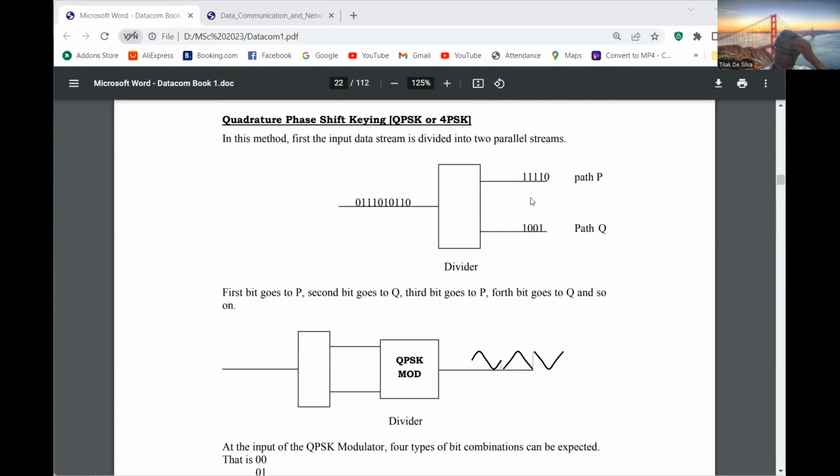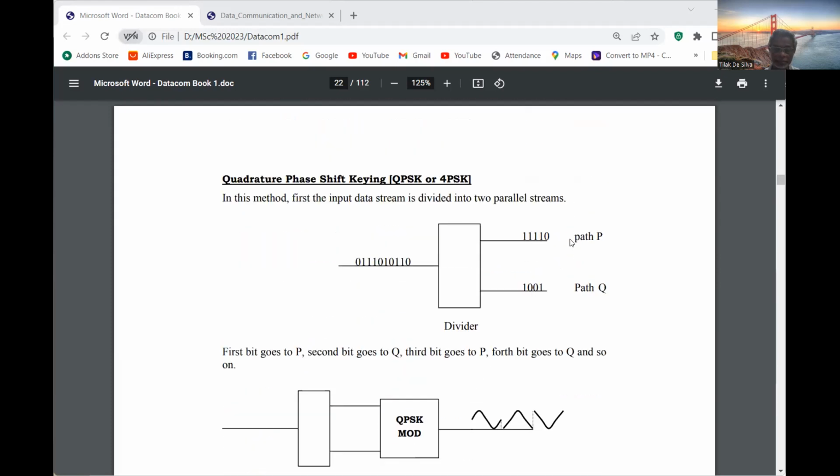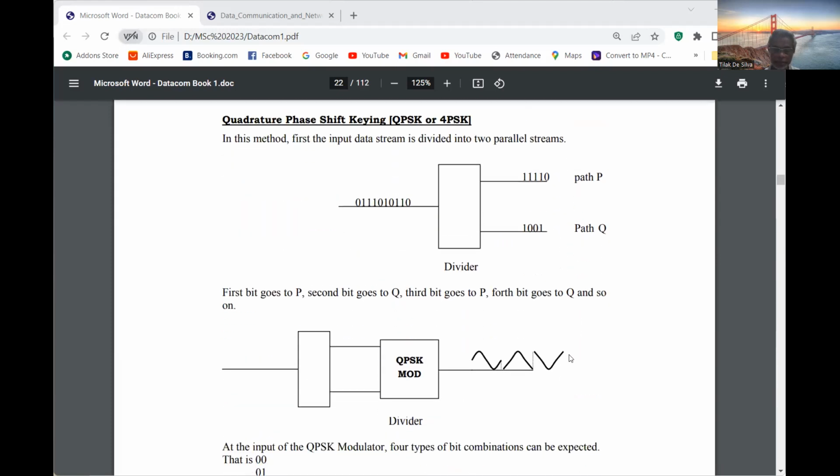If it is 100 kilobit per second, 50 kilohertz bandwidth is required. So if it is QPSK, the required bandwidth will be reduced to half, because we are getting 2 bits at a time. So therefore, the required bandwidth will be reduced.